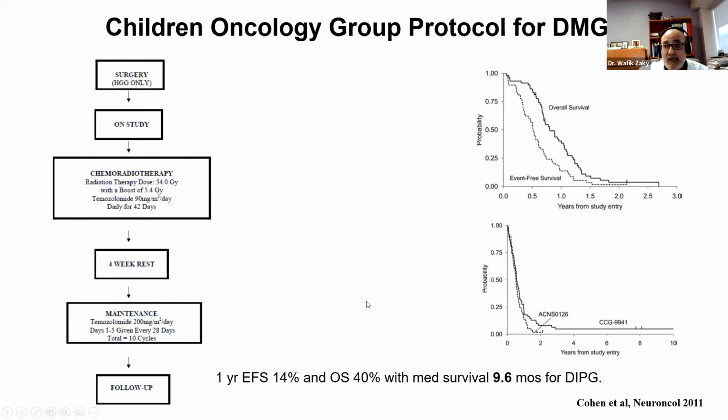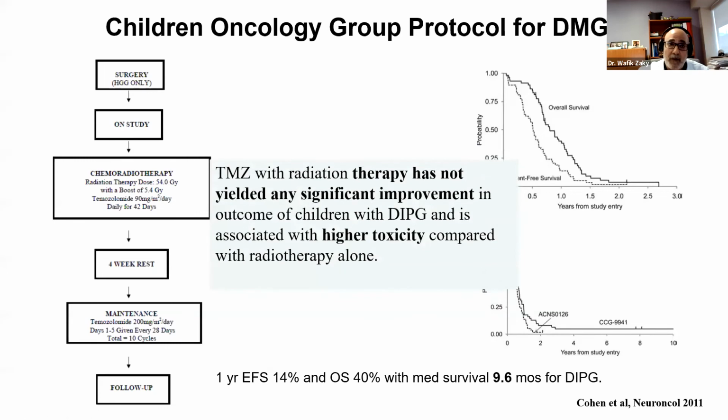The conclusion of the study was that temodar, or temozolomide, did not improve the outcome compared to the standard of care, radiation alone, as you can see here in this Kaplan-Meier, and it actually added more toxicity. So since the publication of this study, the standard of care for midline glioma is radiation alone.